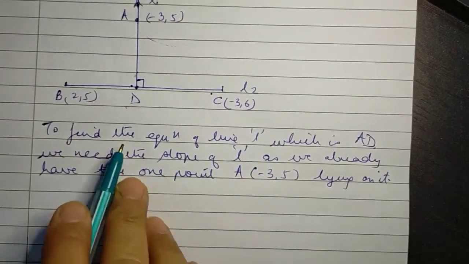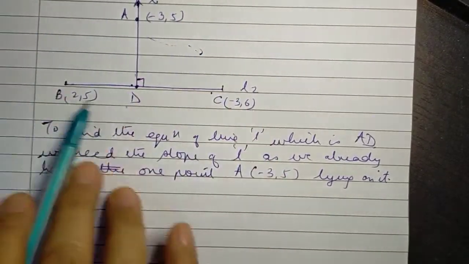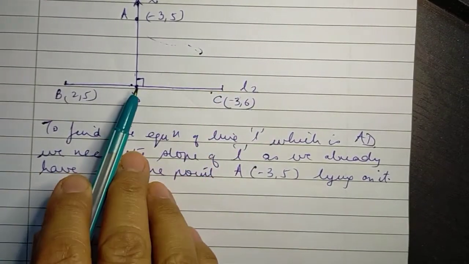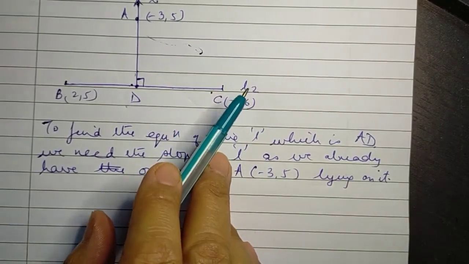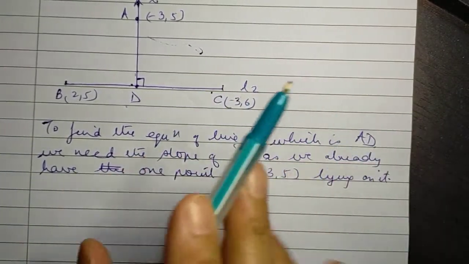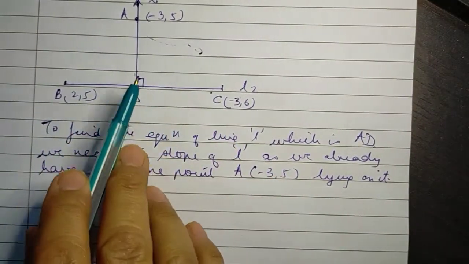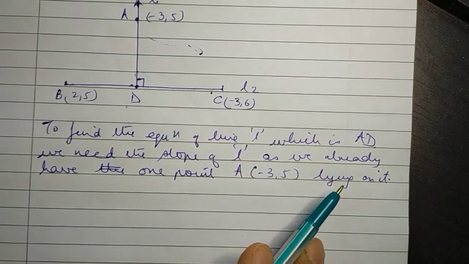The only thing required is the slope of the line. Now how do we find the slope of the line? What is given to us? See, as I had already told you earlier, to find the equation of a line we need two pieces of information. Basically everything boils down to getting one point and the slope of the line. One point is already given to you. Now the only thing required is the slope.